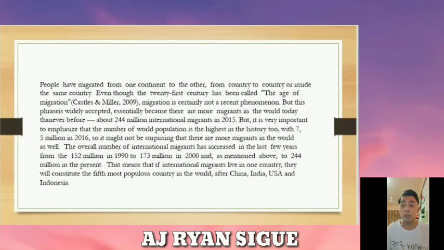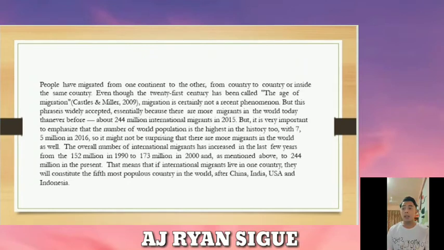244 million international migrants in 2015. But it is very important to emphasize that the world population is the highest in history too, with 7.5 billion in 2016. So it might not be surprising that there are more migrants in the world.